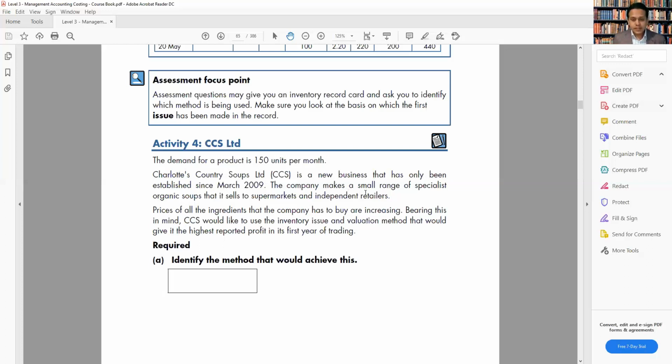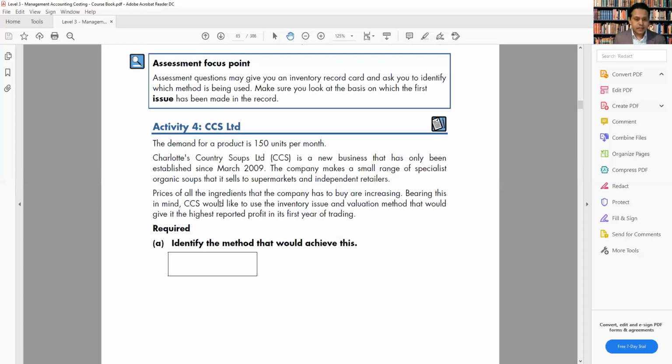The company makes a small range of specialized organic soup that is sold to supermarkets and independent retailers. Prices of all the ingredients that the company has to buy are increasing. So this is the point. So the value of the raw material is increasing day by day. So that means whatever I bought maybe last month, this month the price is increasing.